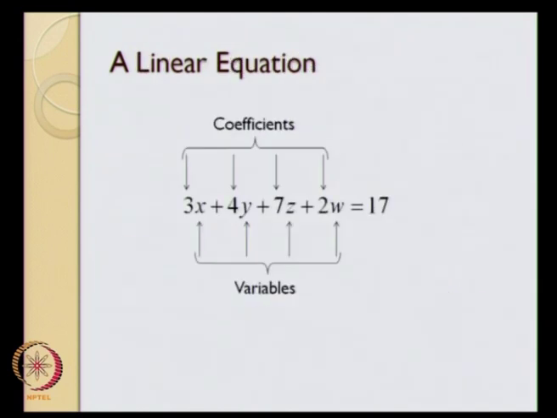Now, if we want to try to solve this linear equation, there are 4 unknowns, so we need at least 4 equations in order to get a unique solution for this particular case. Though if we have 4 equations, that does not guarantee a unique solution, or that does not even guarantee the existence of a solution, and based on the past knowledge, I think most of us over here will be familiar with the fact that for n equations in n unknowns to have a unique solution, the rank of a matrix has to be equal to n.